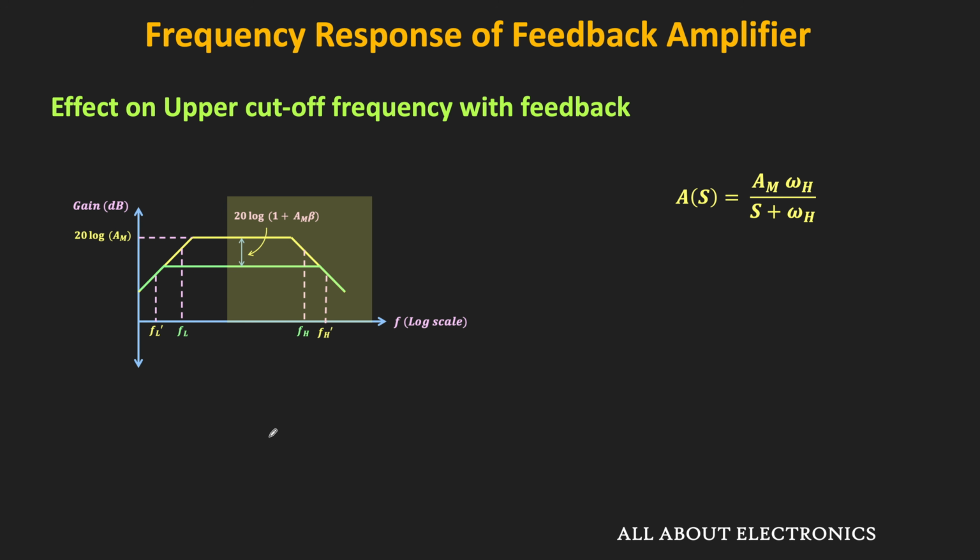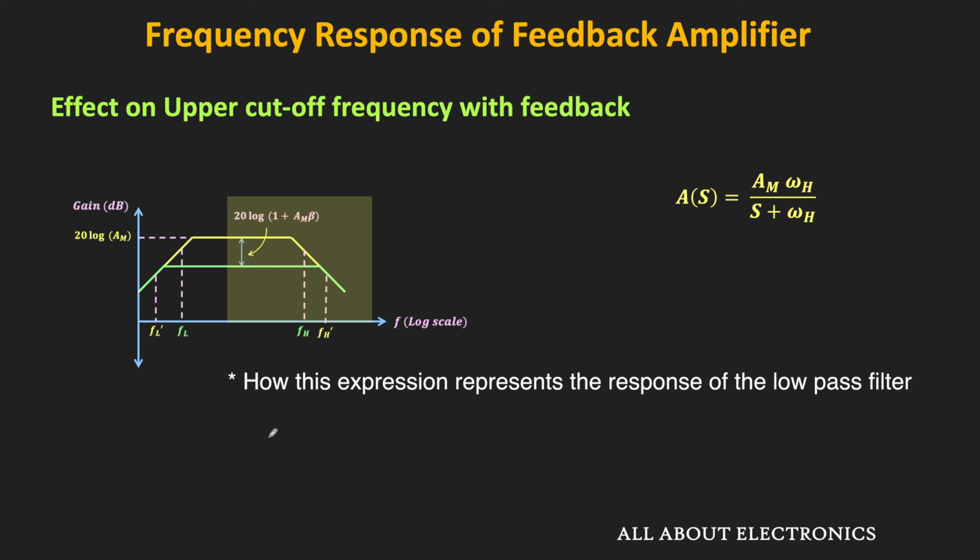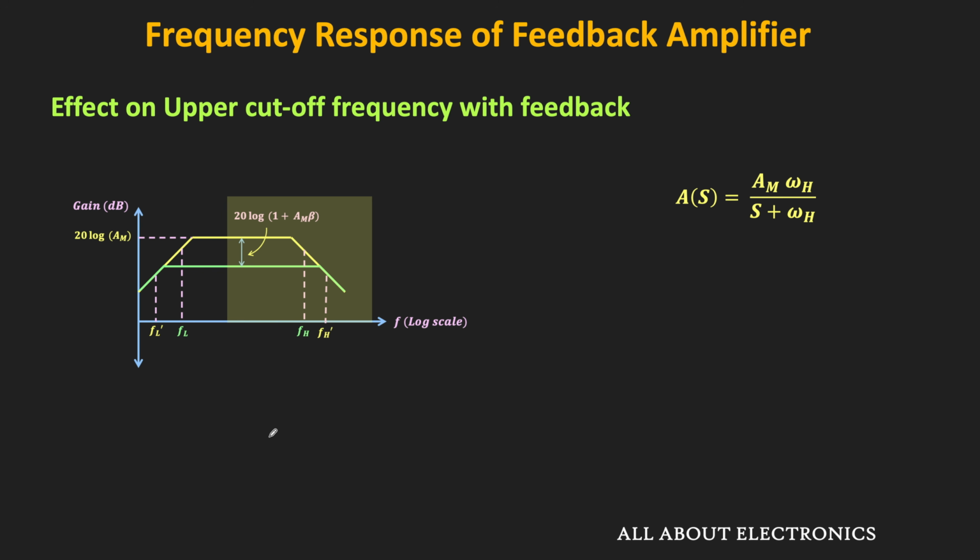So first, let us see how this response represents the response of the low pass filter. Further, the same expression can also be written like this, where both numerator and denominator are divided by omega h. And now, let us replace s by j omega.